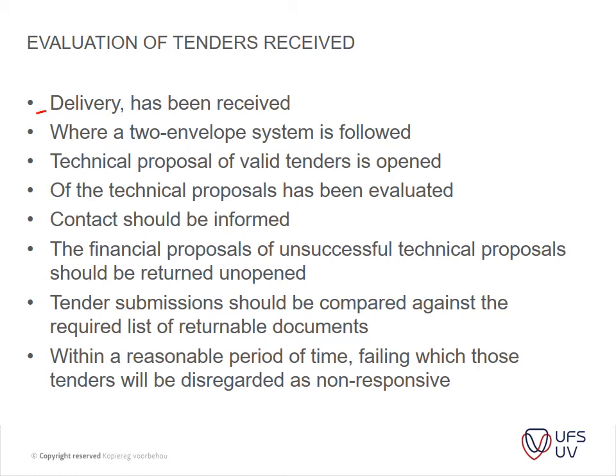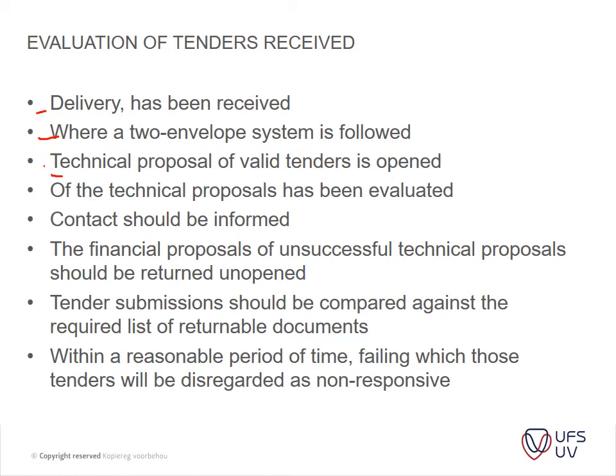Where a two envelope system is followed, you usually use two envelopes, and I see the indent isn't very nice here, but this is actually underneath this, so I'll just correct it when I go back to the slide. So you've got your technical proposal of valid tenders opened.